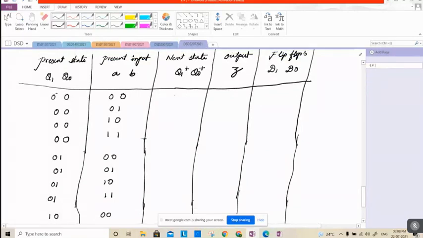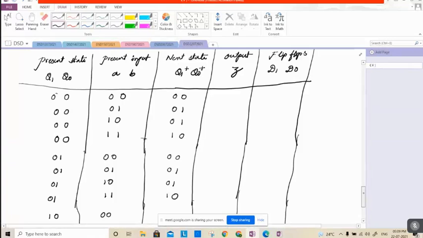What is the next state here? 0 0. Okay, next. 0 0 1. Next. 1 0 1 0. So here will be the same. 0 0 0 1 0 1 1 0.